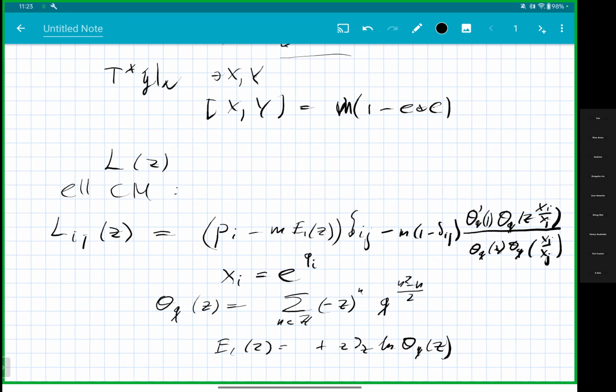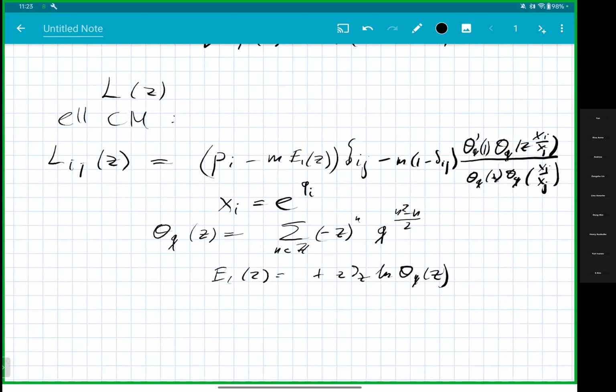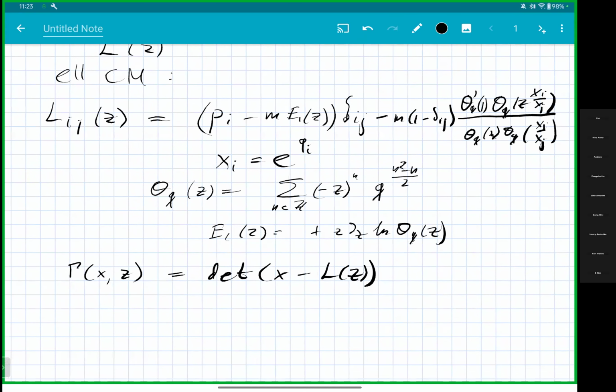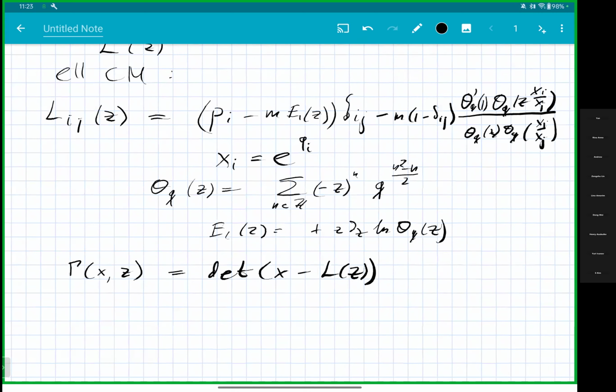Now the spectral determinant will become a curve.